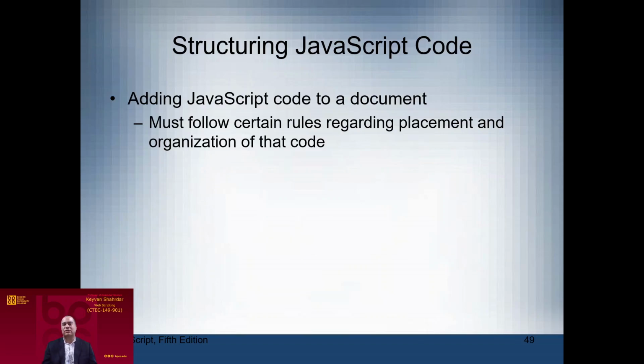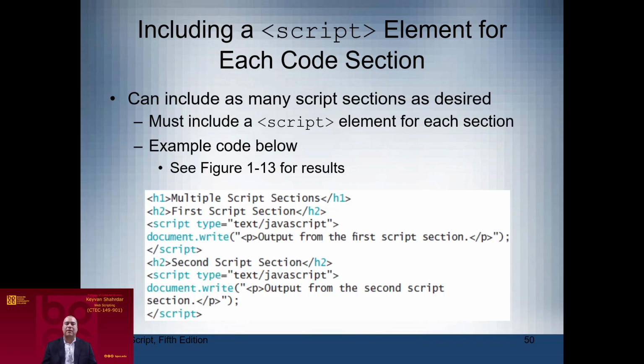So adding JavaScript code to a document must follow certain rules regarding placement and organization of the code, including a script element for each code section. So for example, you want to have this script right here, and then you could have a second script right there. So this is a way that you could do it as well.